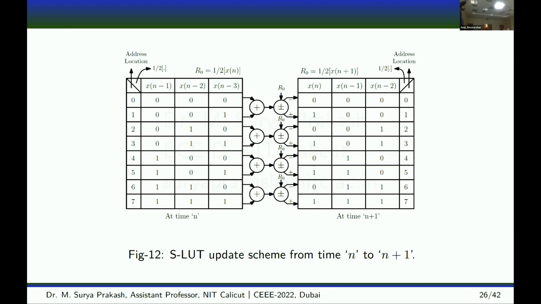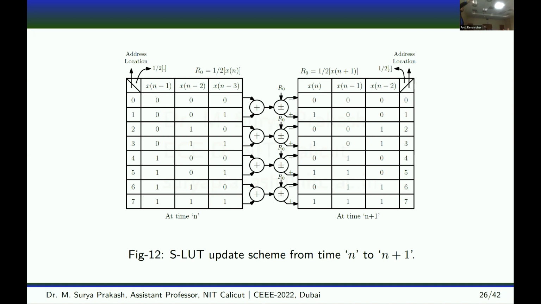So 0, 1, 0, 1, 0, 1, this is how it goes. So if you add the values of 2 consecutive address locations, because we have alternate signs there, the oldest input sample will be eliminated. This is the novelty involved in our work. And because we also have the necessity to accommodate the newest input sample available in the next iteration, we are taking the help of the R0 register.